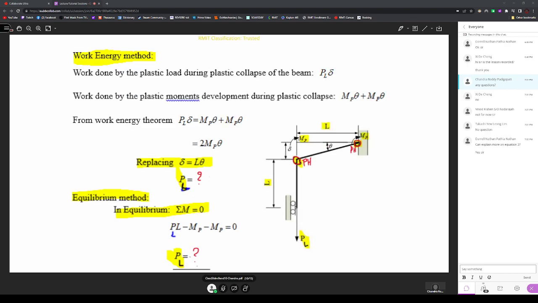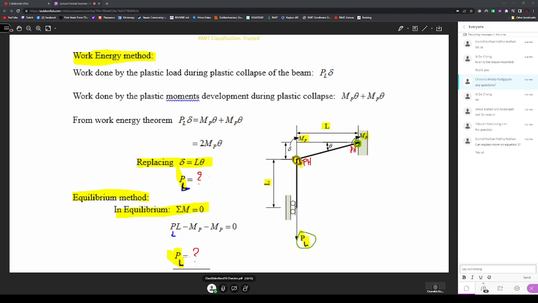Now let us see what the collapse mechanism looks like. As you can see here, there will be a plastic hinge developing here, and there's a plastic hinge developing here, and you can see the L beam is pulled down.